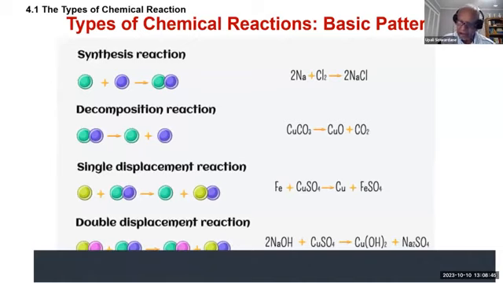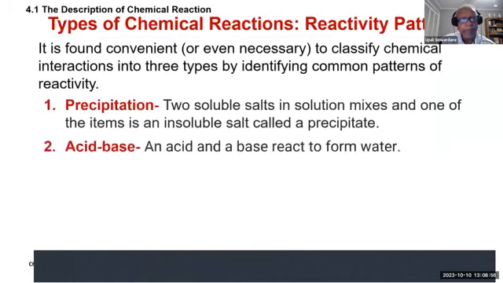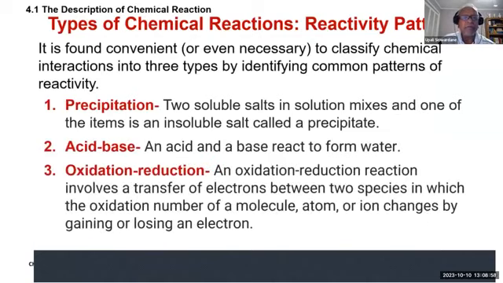There are single displacement reaction, double displacement reaction. You need to know exactly, based on pattern, how you identify these reactions. Based on reactivity, we did precipitation, acid base, and oxidation reduction reactions.